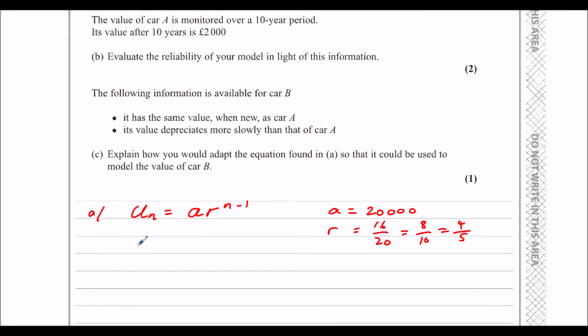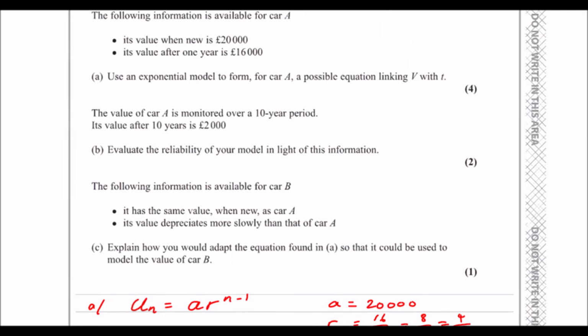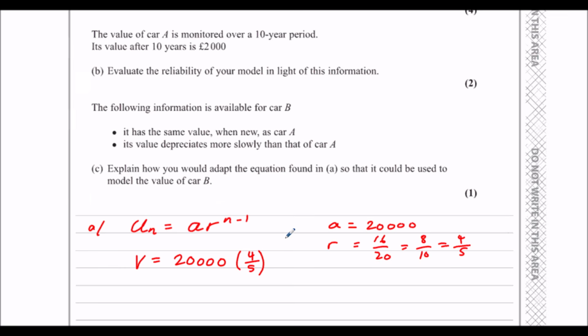So V equals 20,000 times 4/5 to the power of n minus 1, but we want this in terms of t. The second term is after 1 year, the third term is after 2 years, so it's just t. So there is an exponential equation linking v and t.